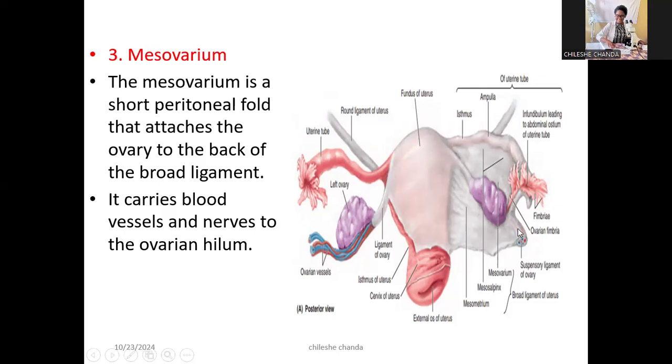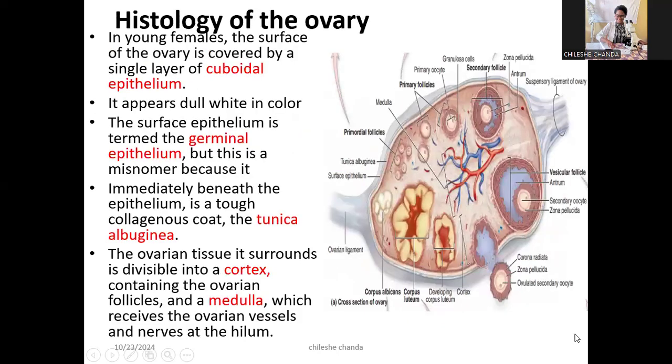And then we have the mesosalpinx, which is continuous with the broad ligament. So that is the gross anatomy of the ovary.